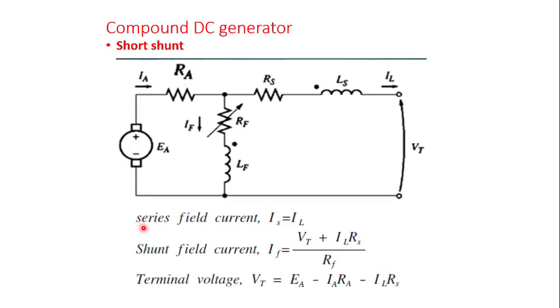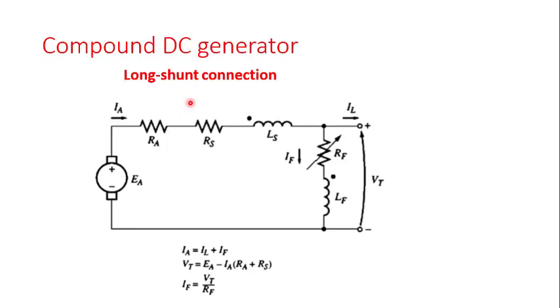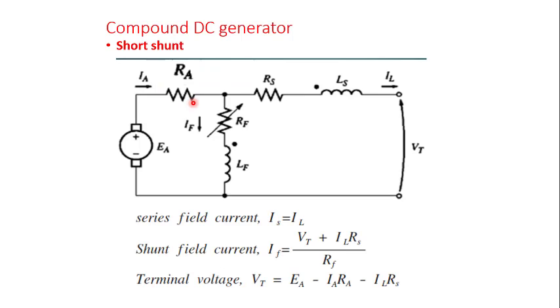So let's look at the construction and see how we can deduce the various formulas. For the short shunt, we have the armature circuit, and then from the armature we get the parallel circuit before we get the series circuit.